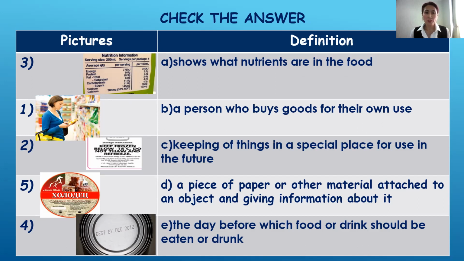The fifth picture is a piece of paper or other material attached to an object and giving information about it. It is a label. And the fourth picture is best before date. It is a day before which food or drink should be eaten or drunk. Well done. I hope you got 3 points for this task.